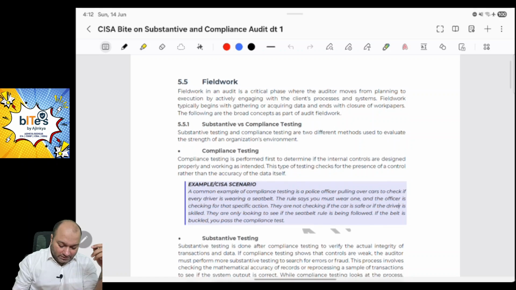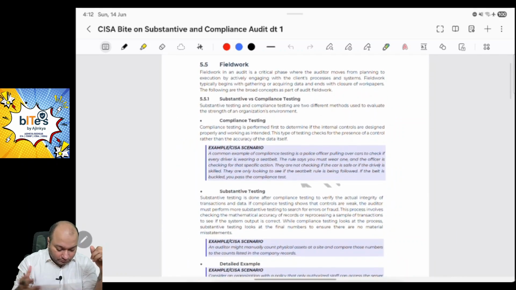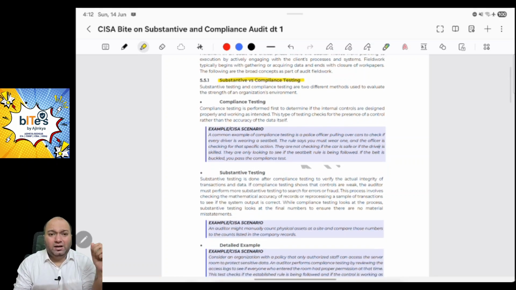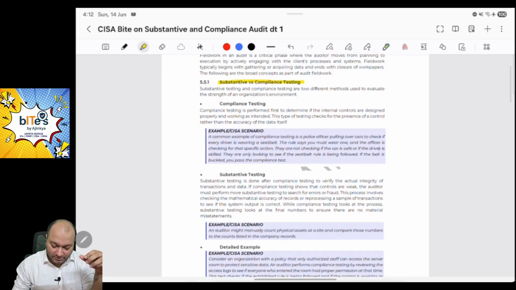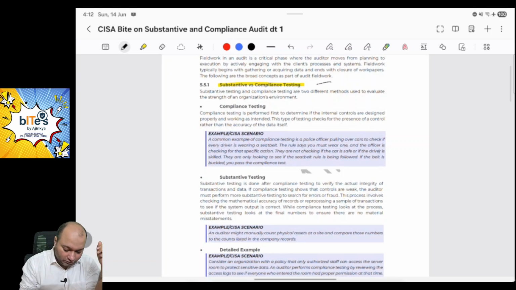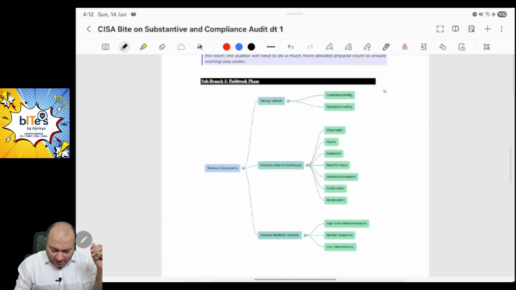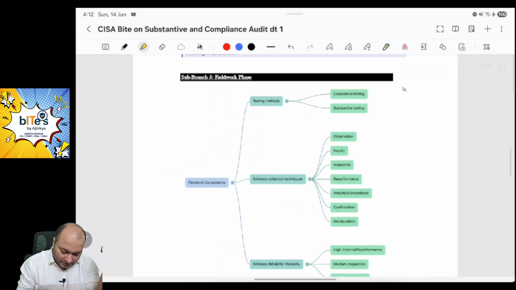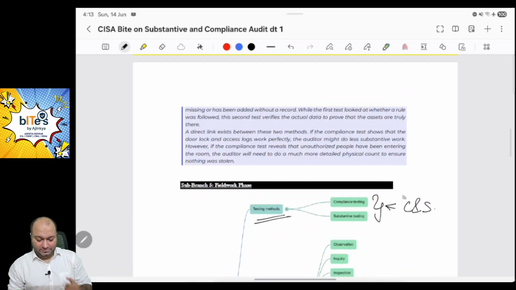On the screen you can see the screenshot of the part where I have broken down the difference between compliance testing and substantive testing. I want to explain this concept to you, but let me tell you that this is covered in the book. I have covered it specifically here, and as part of mind maps as well. One of the testing methods which an auditor can use is called compliance testing and substantive testing.